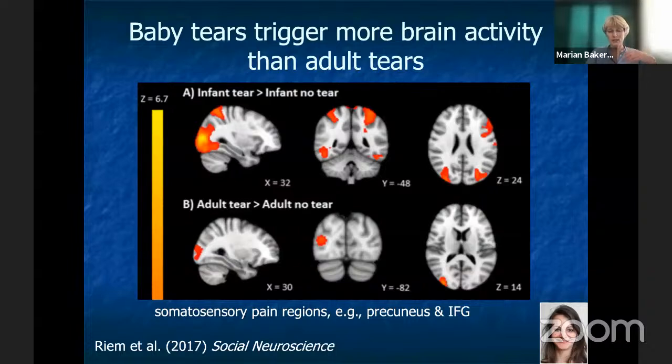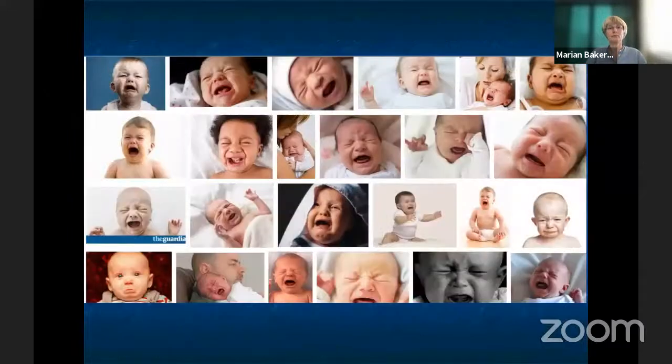So shedding tears may be a strong means to elicit the parent sharing of the infant's feelings, thereby strengthening the caregiver-infant bonding and securing infant survival. And that is just specifically for infant tears and not for adult tears. And here you see Madelon Hendricks-Riem, with whom we conducted this study.